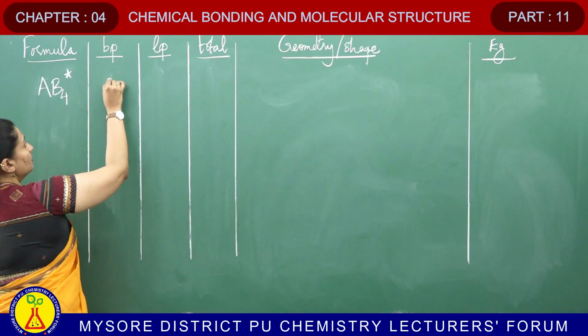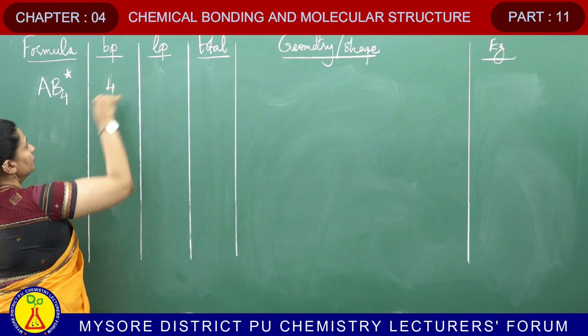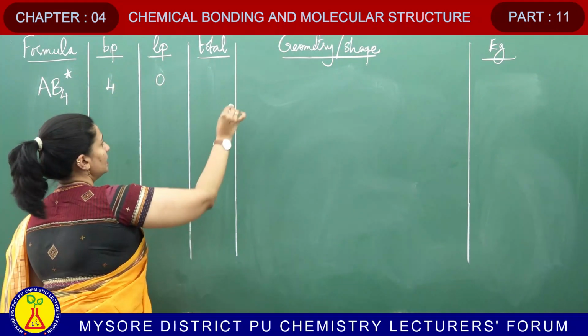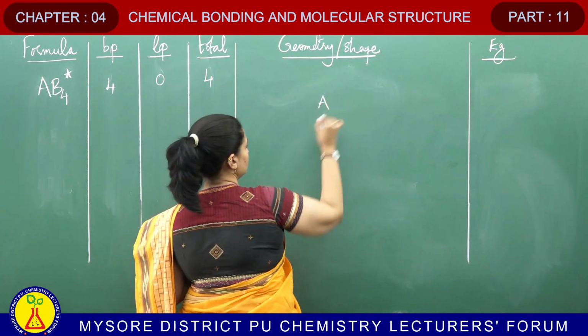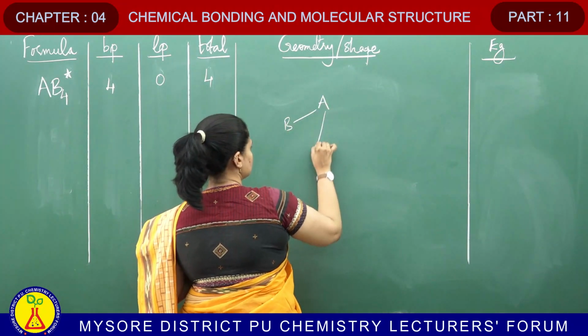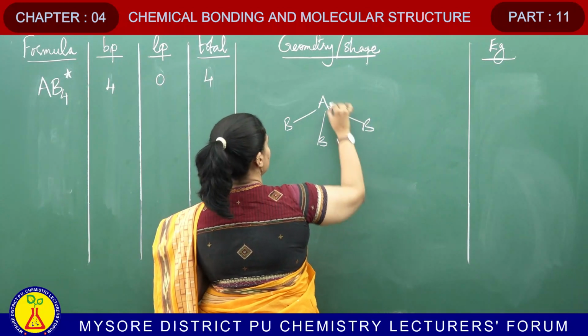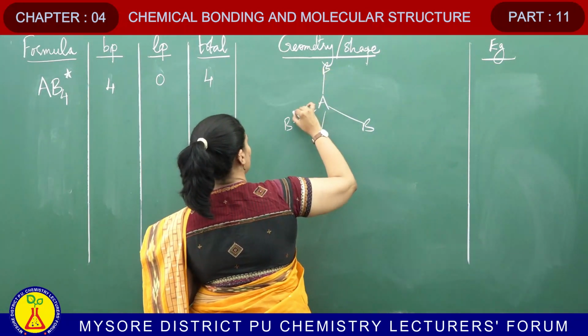Now, how many bond pairs? You can see there are 4 bond pairs and there are 0 lone pairs and the total is 4. Now, when you have 4 bonds, I am going to place it like this and you have a bond on top.